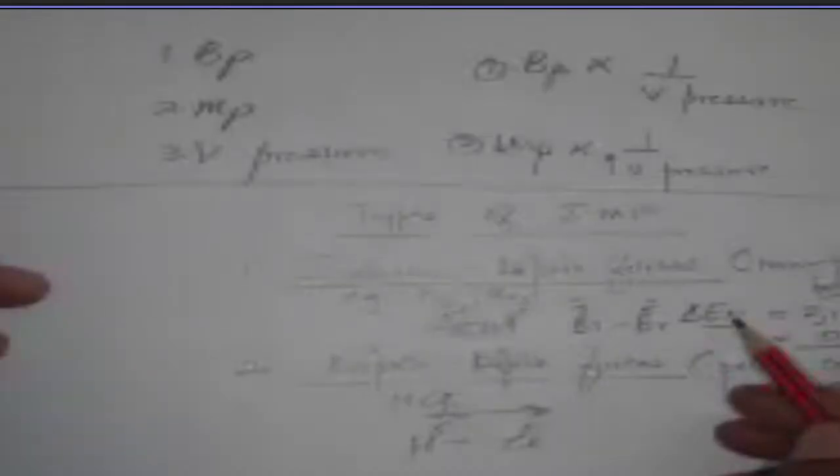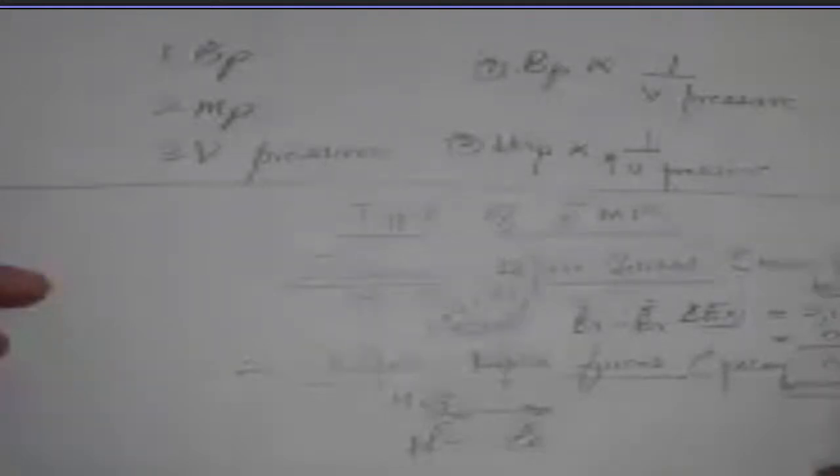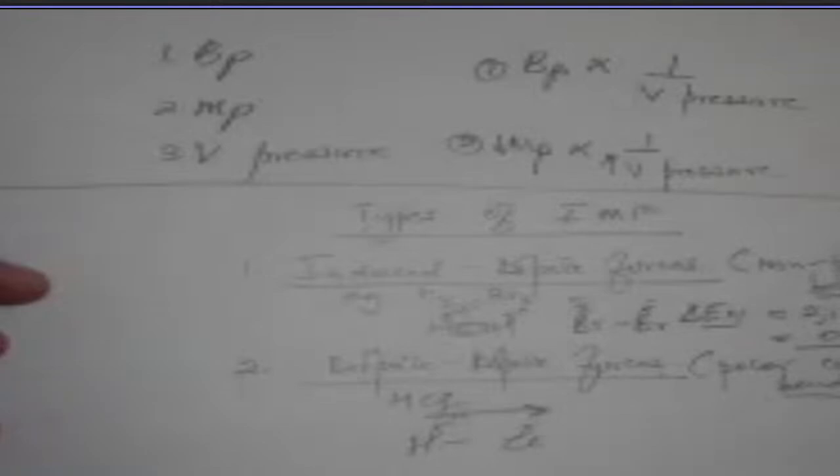So the change in electronegativity, ΔEN, is 2.1 minus 2.1, so we get 0. Some of the textbooks say this.